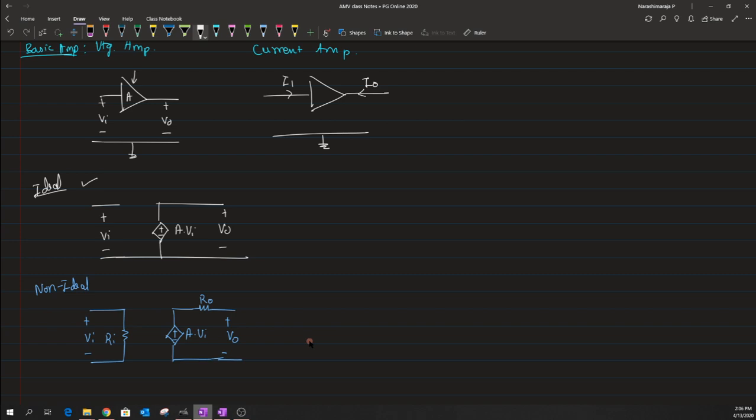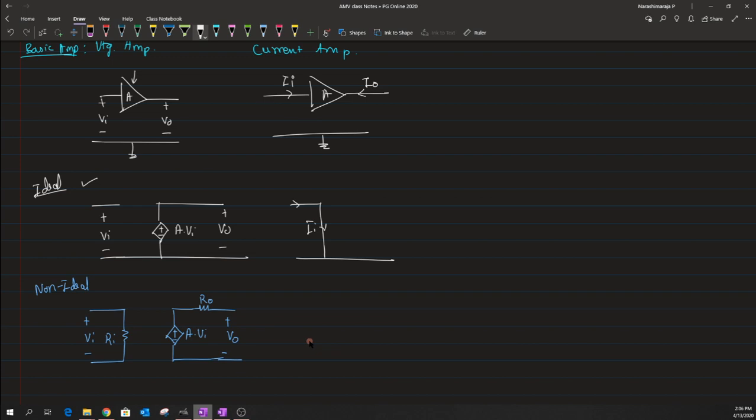And let me try to draw the internal block diagram of this current amplifier. As we know, ideally we want to pull in all the input currents into the amplifier. The best way to draw all the currents is by having a short circuit rather than an open circuit like a voltage amplifier. So if I don't have any resistance through this particular path, whatever current comes in as Ii would then be brought inside.